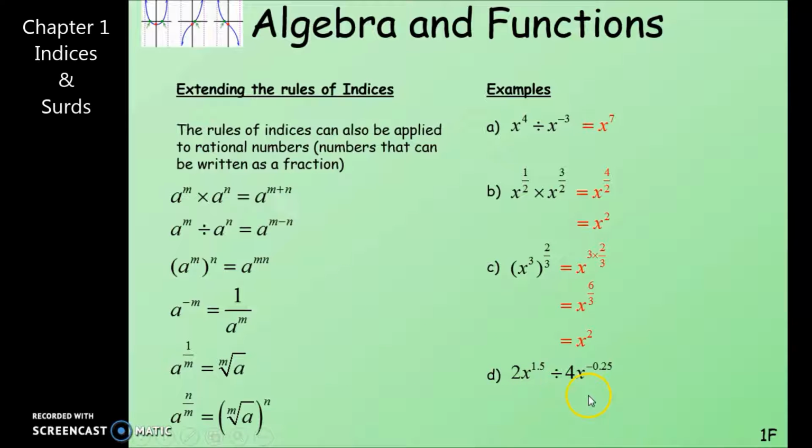So what we are up to here, we're dividing 2x to the 1.5 by 4x to the minus 0.25. So whole numbers first. What's 2 divided by 4? Well, 2/4 is going to simplify to a half. And then we're going to subtract these powers. So we've got 1.5. Remember, the divide sign is a minus, so 1.5 minus minus 0.25. Those two negatives in the middle are going to become a plus.